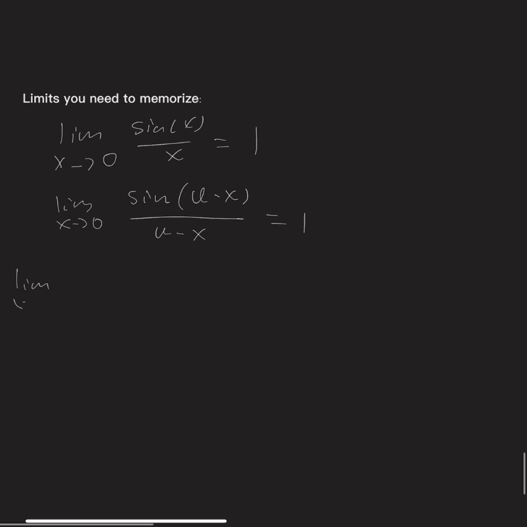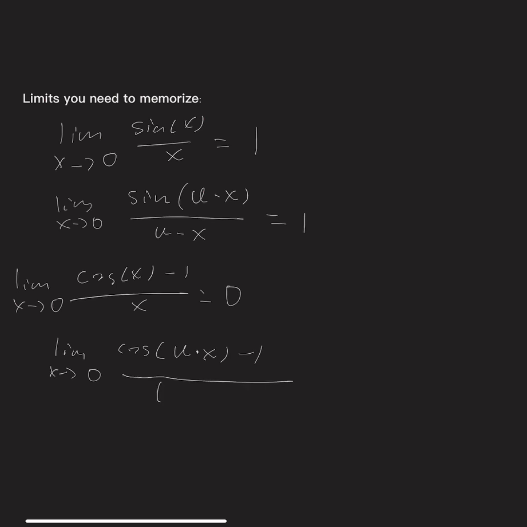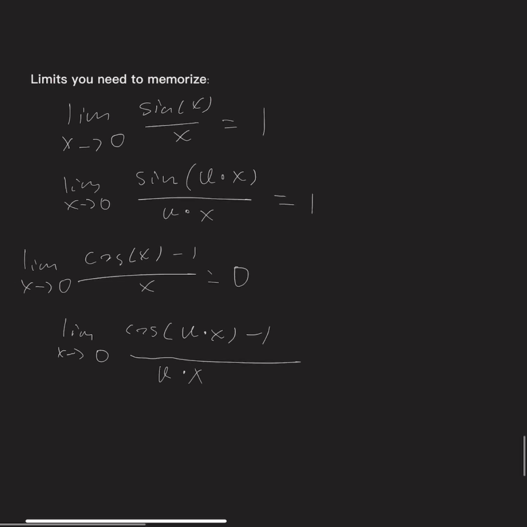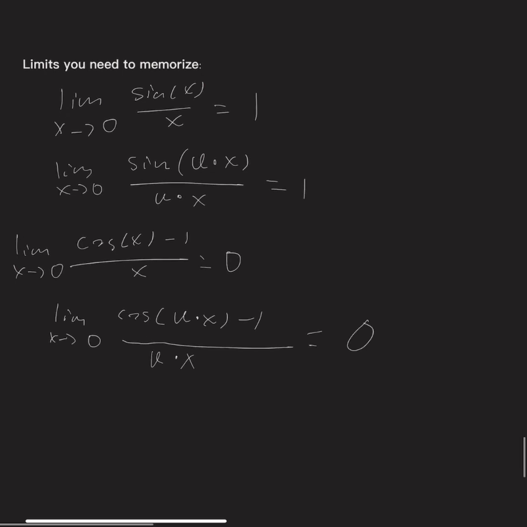And there's one more. The limit as x approaches 0 of cosine of x minus 1 over x equals 0. Same thing, if we have a scalar next to x, say cosine of u times x minus 1 over u times x, that's also equal to 0.